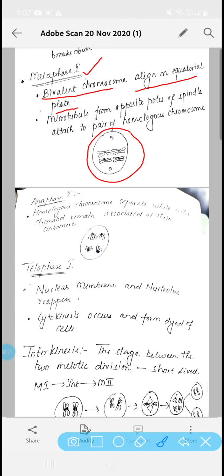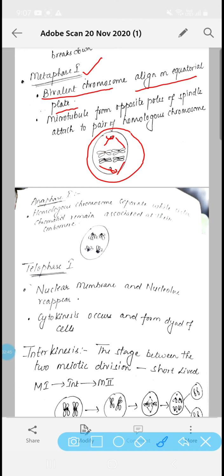I have mentioned the bivalent chromosomes on the equatorial plate in this diagram. The microtubules are formed at the opposite poles and they attach the spindle fibers to the homologous chromosomes for the movement of these homologous chromosomes to the different opposite poles.